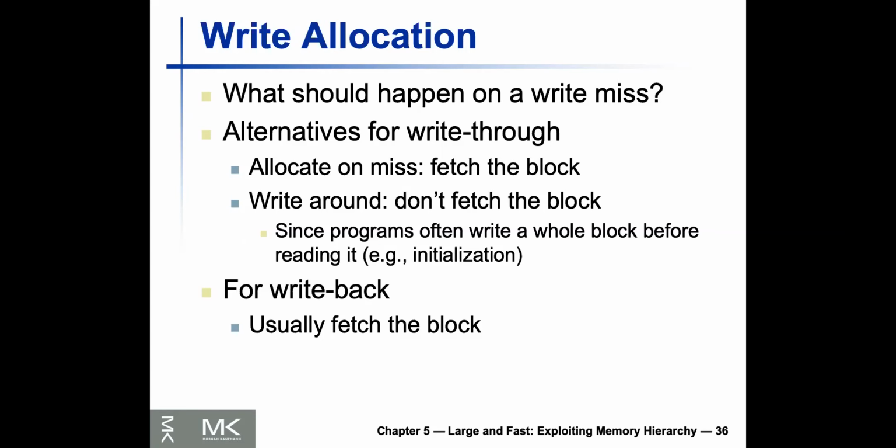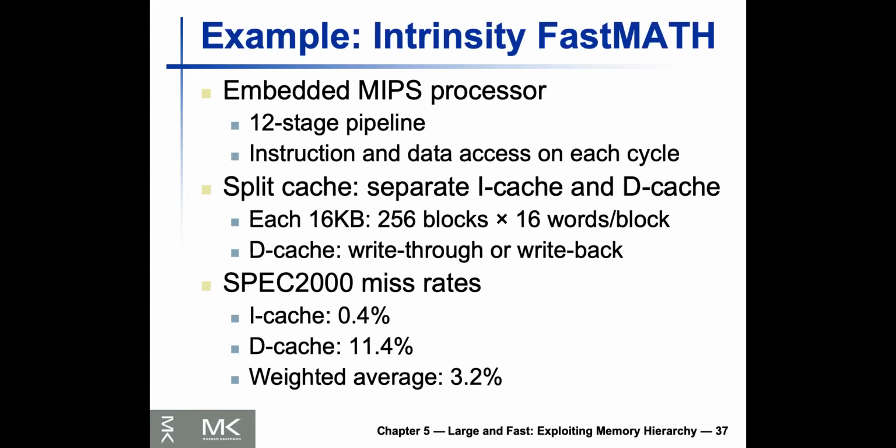Now let's have an example here. Intrinsity FastMATH is an architecture. It's the name of the architecture, right? It's been very well known in the embedded domain, for things like cell phone devices or embedded devices.